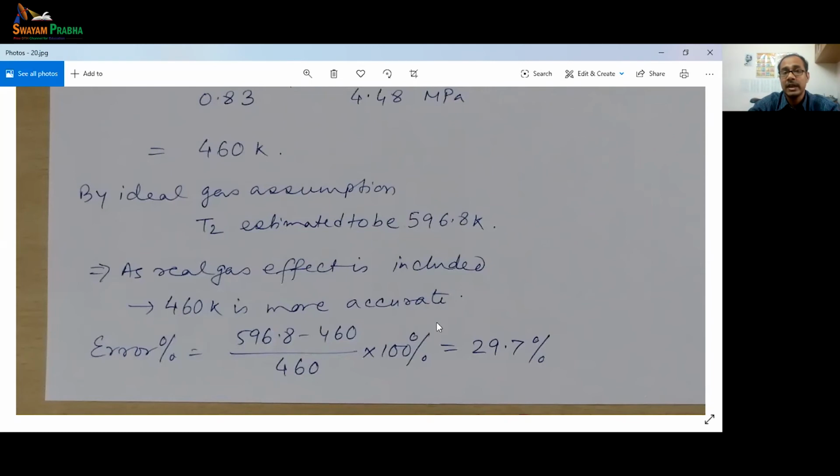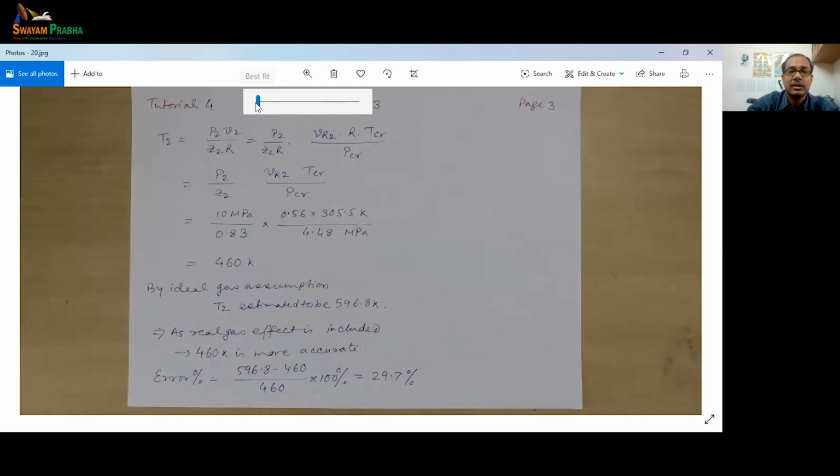But mind that ethane at this particular temperature and pressure is much closer to the ideal gas behavior. It's only 30% error. But for the water vapor in the last problem, what we have seen, it was close to 70% error, which is absolutely unacceptable. Okay, so enough of this compressibility chart, real gas behavior, ideal gas assumption.